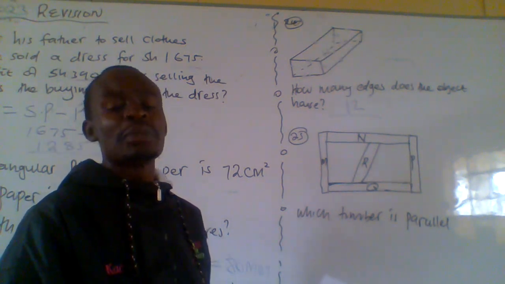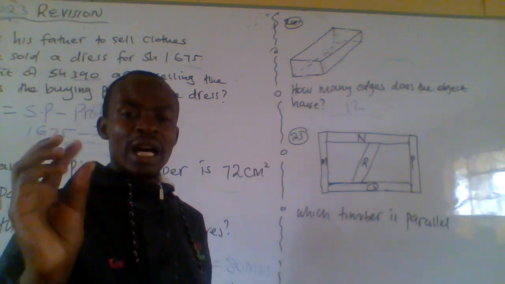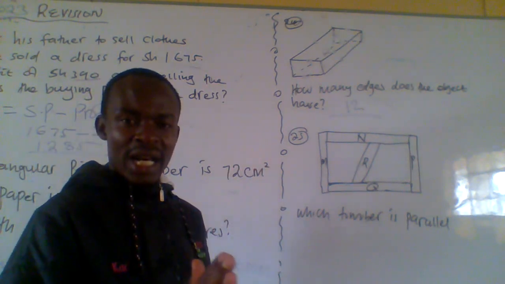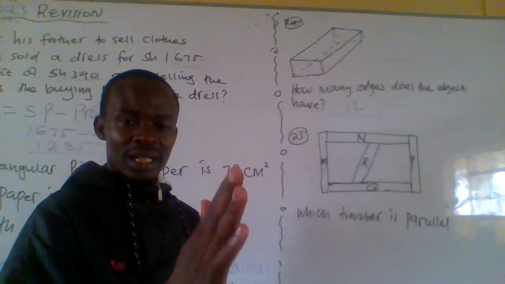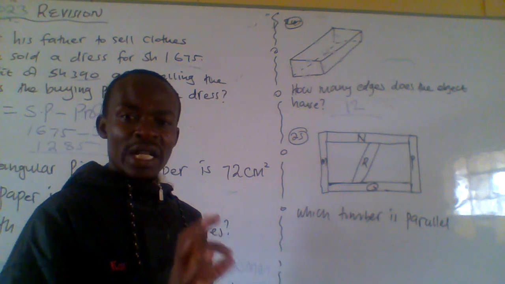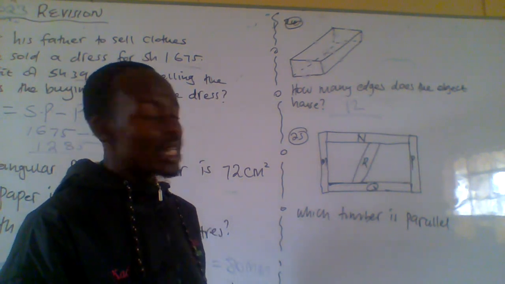It means they will never meet. For example, in geography, we have the equator, the tropic of Cancer and Capricorn. Those lines will never meet.